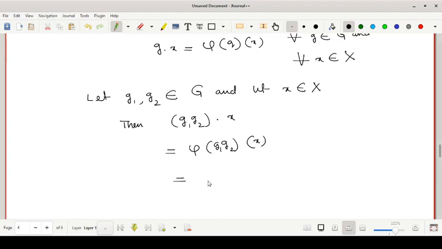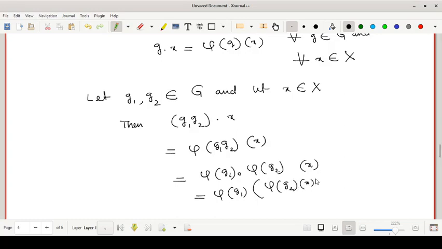But phi is a homomorphism, so it is phi of g1 compose phi of g2 of x.